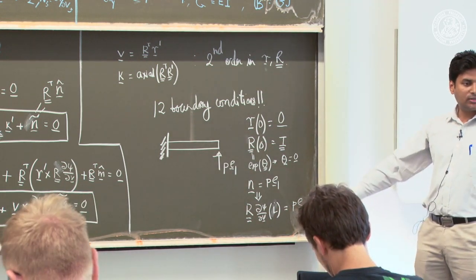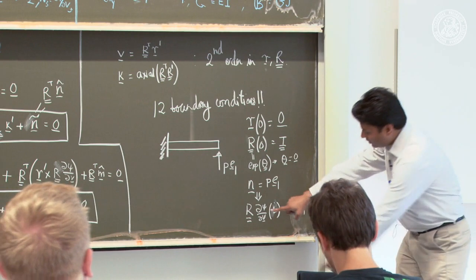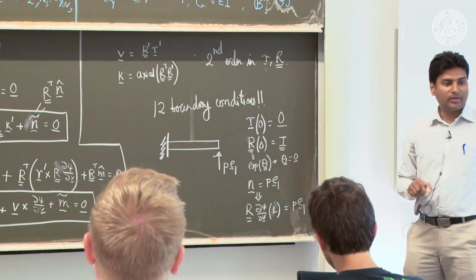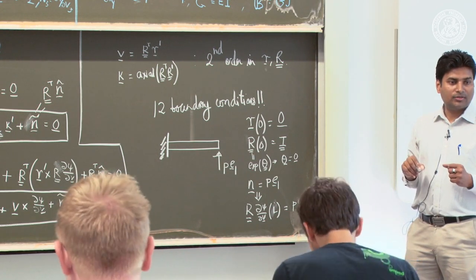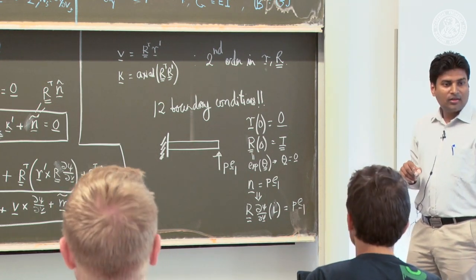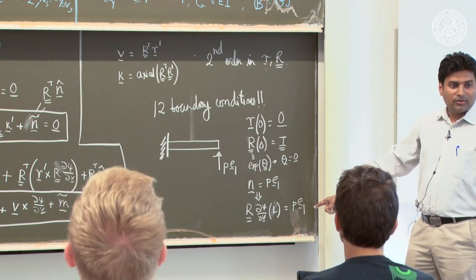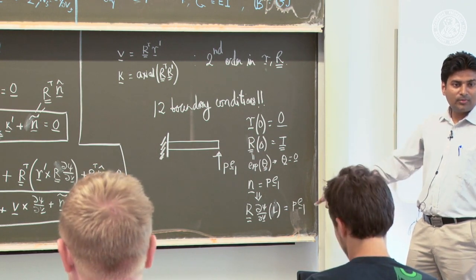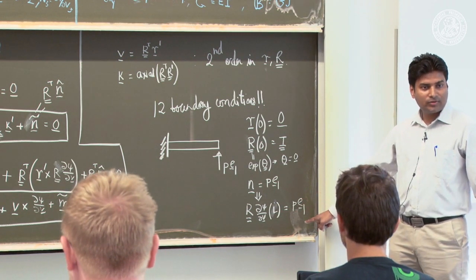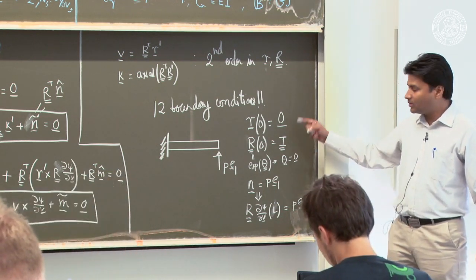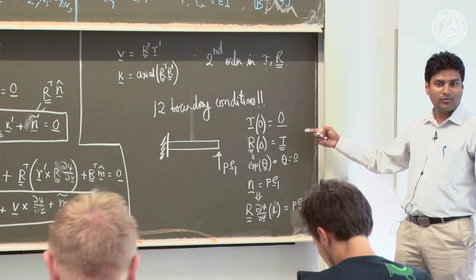So this is not such an easy boundary condition. When you expand it in terms of little r and big R, you get a complicated expression. Okay, so that is p times E1. So you got 3 more, right? This is a vector equation, 3 equations here, 3 plus 3 plus 3, 9. What is the other one?